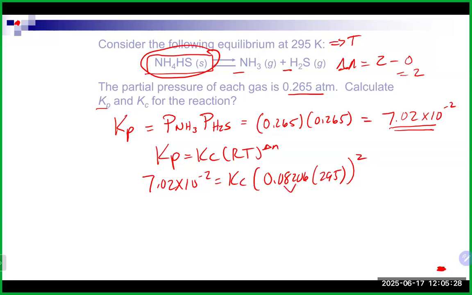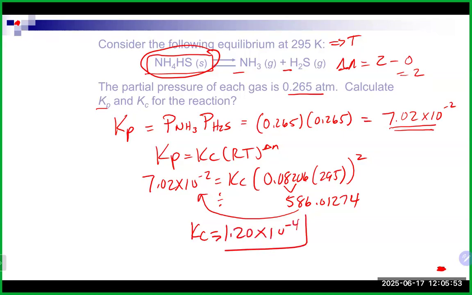And that's going to give us roughly here 586.01274. We need to then take this guy and divide it to the other side so that we can solve for Kc. And that is going to get us here a Kc that is equal to 1.20 times 10 to the minus 4 in this particular case.